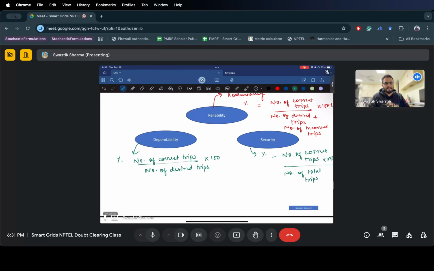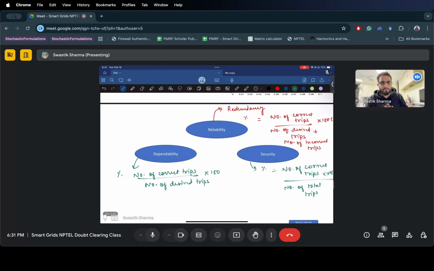But here, for the total number of times it tripped, how many times were the trips correct? In the first one, you could have missed the functioning of the backup relay. Let's say, for example, when it was supposed to trip, it did not, because the backup relay tripped. So for that, the metric does not have the total number in the denominator, but it is there in security because you're measuring for the total trips that it has undertaken.